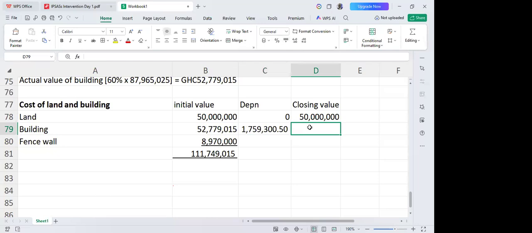We subtract that from the initial value, so we pick the initial value, less the depreciation, to get a closing value.